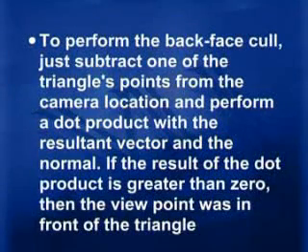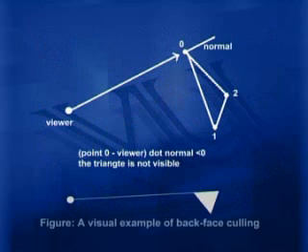To perform the backface cull, just subtract one of the triangle's points from the camera location and perform a dot product of the resultant vector with the normal. If the result of the dot product is greater than 0, then the viewpoint was in front of the triangle. Look at this illustration. We've got vertex 0, 1 and 2.